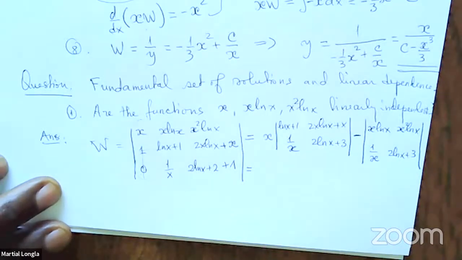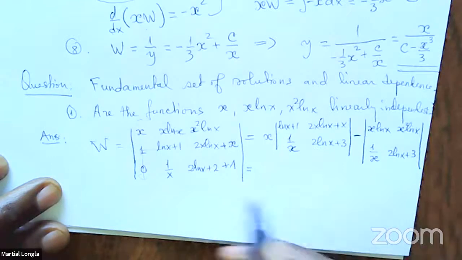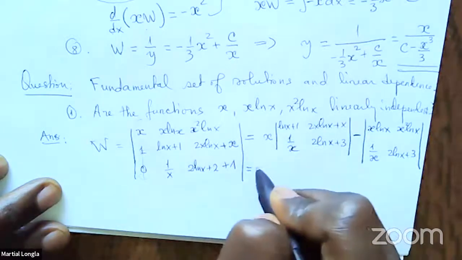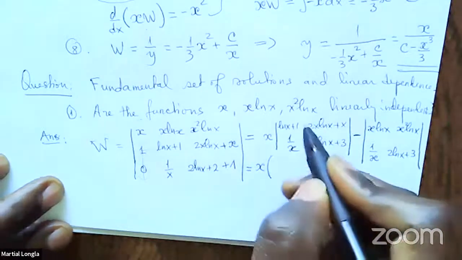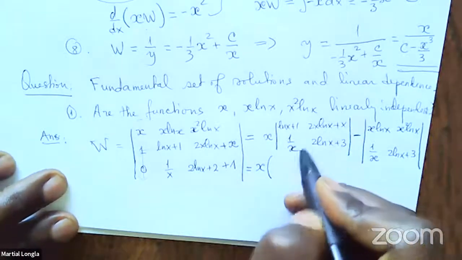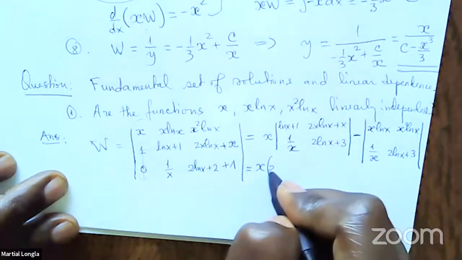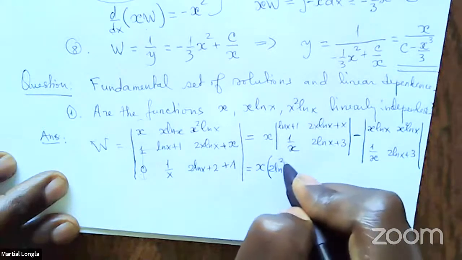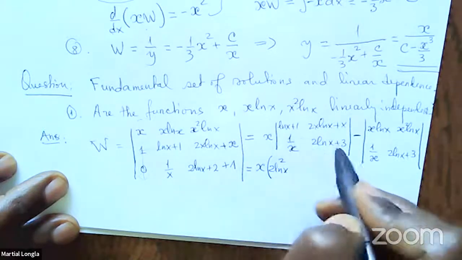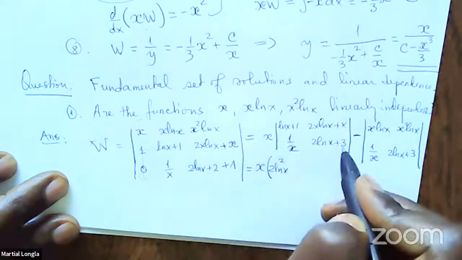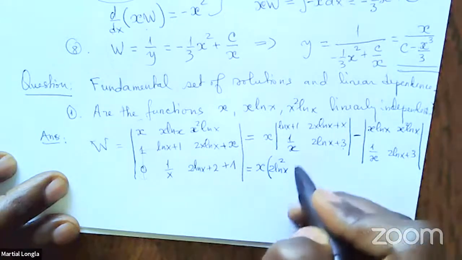That's it. And we go ahead and we compute this. If we want this is x, and then cross multiply here, you get 2 natural log squared of x plus 3 natural log of x plus 2 natural log of x.